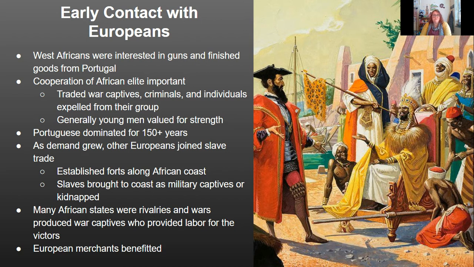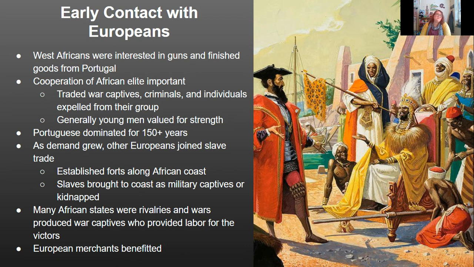It wasn't even wars that produced captives or slaves after a while. It was really people started kidnapping each other and selling them off into slavery.